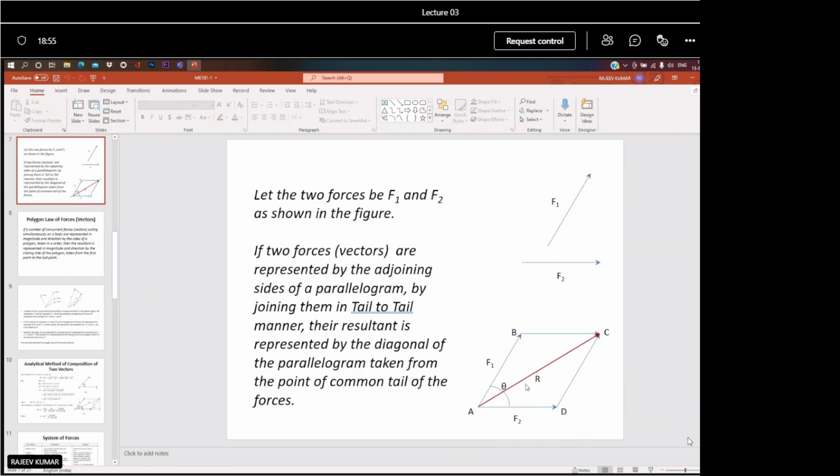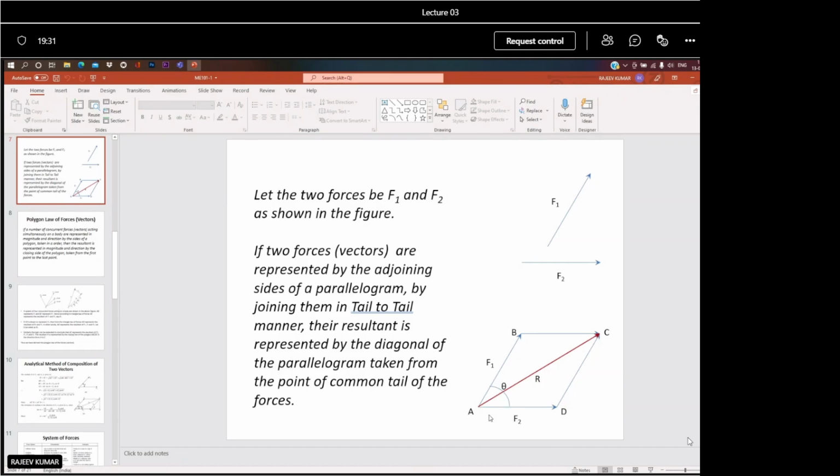Here the three forces are F1, F2, R. So F1 by sine of the angle between F2 and R, which will become DAC, whatever the angle is. F1 over sine of this angle is equal to F2 over sine of the angle between F1 and R, CAB, and this is equal to R over sine of theta.